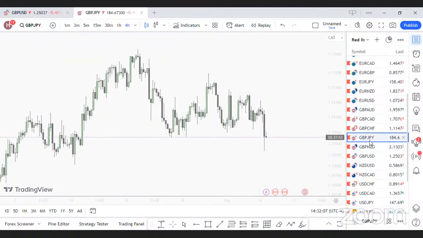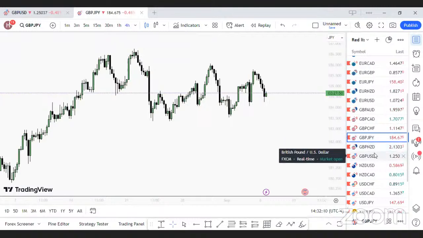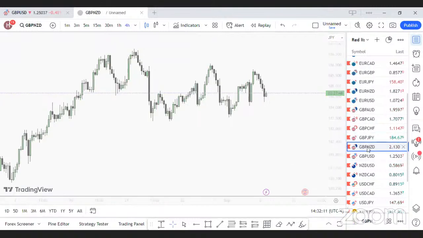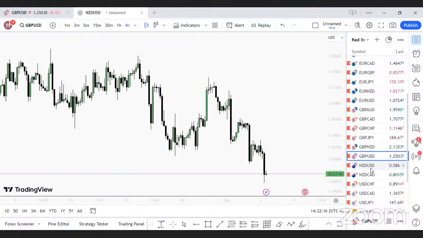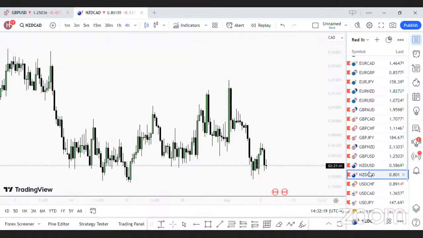So I'm looking for an uptrend market that I can show you the difference, but I haven't actually gotten any. These are all downtrends.